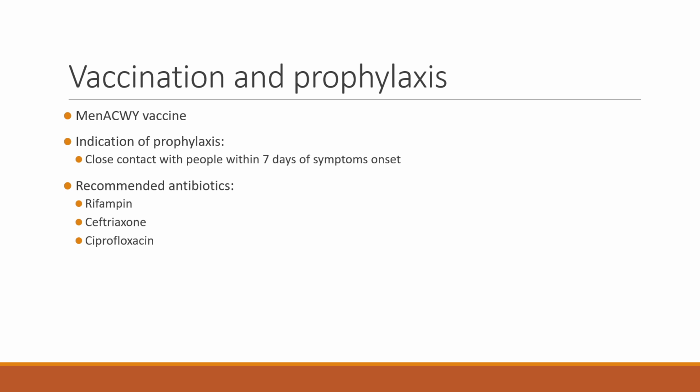This protects against four strains of meningococcal bacteria: A, C, W, and Y. The indication for prophylaxis is those who have close contact with people within 7 days of symptom onset. The recommended antibiotics are basically the same as for treatment, just adjust the dosage.